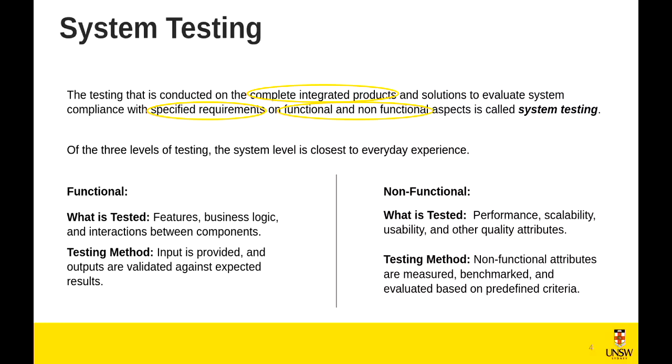The testing method is also different for non-functional testing. Because we are introducing many more different attributes, we need to measure them, benchmark them, and evaluate all these testing methods based on some predefined criteria.